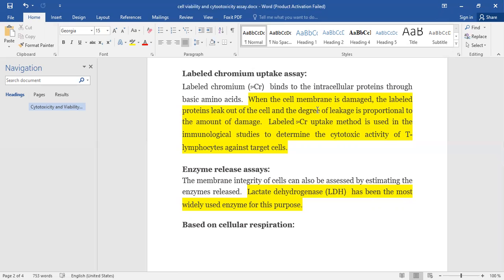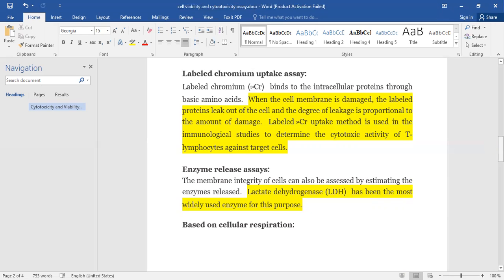If the cellular parts are bound, it indicates that the cell is not viable. So this test is for the analysis of cells which are not viable.